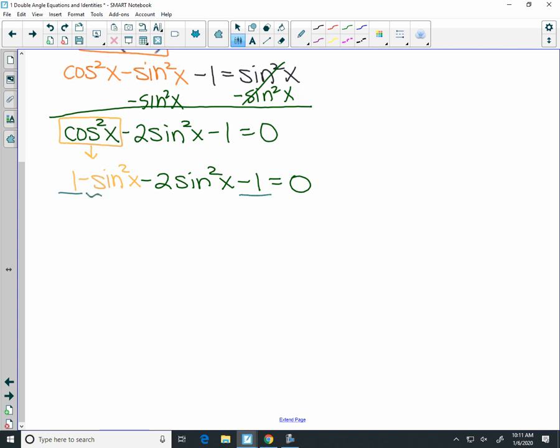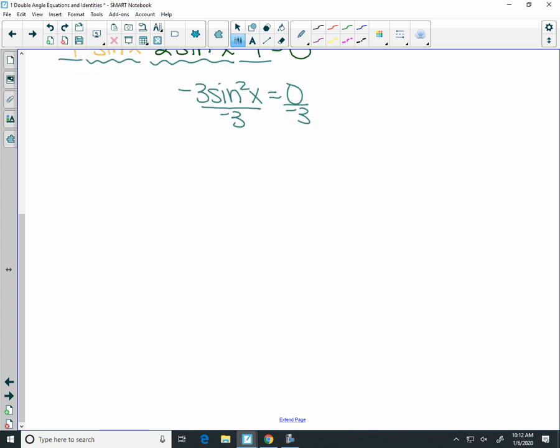I have negative sine squared and negative 2 sine squared. So that's negative 3 sine squared. It's a little easy to overthink this one and think you should have more going on than you do. So when we divide that negative 3 over, we just have sine squared equals 0.